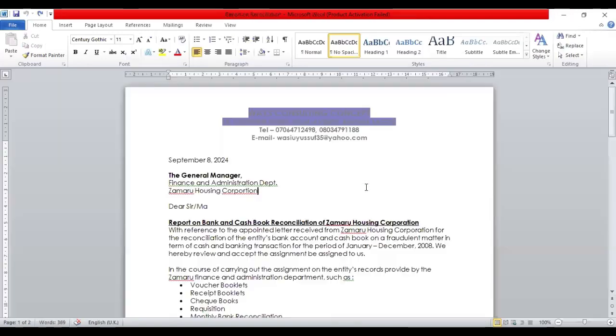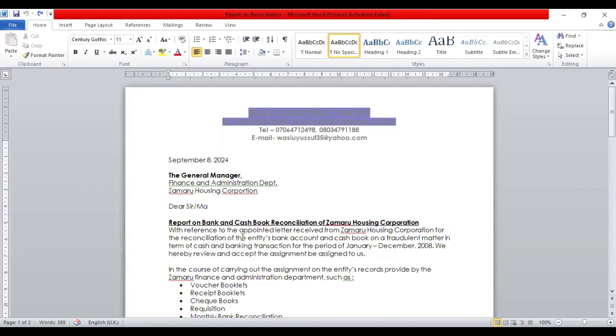Look at it. September 8, 2024. The General Manager, Finance and Admin Department, Samaru Housing Corporation, after putting my own letterhead. This is my letterhead that I use. Dear Sir Omar, report on bank and cash reconciliation of Samaru Housing Estate.